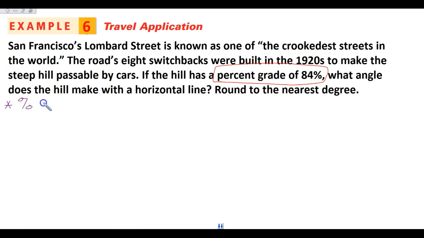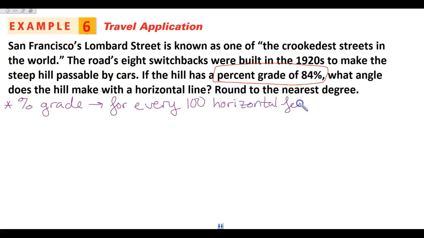So a percent grade means that for every 100 horizontal feet, there is a vertical rise of, in this case, 84 feet.